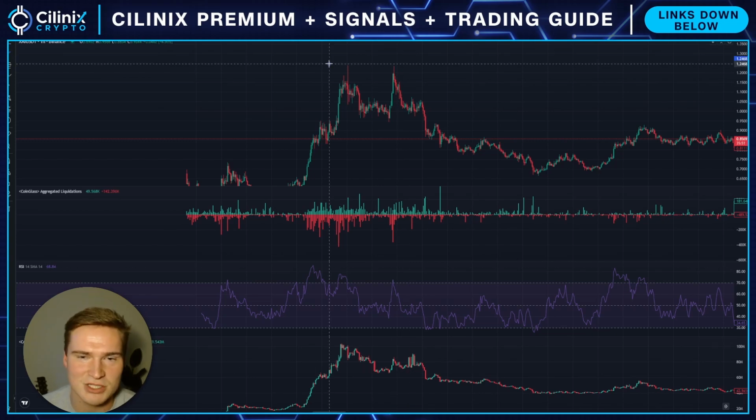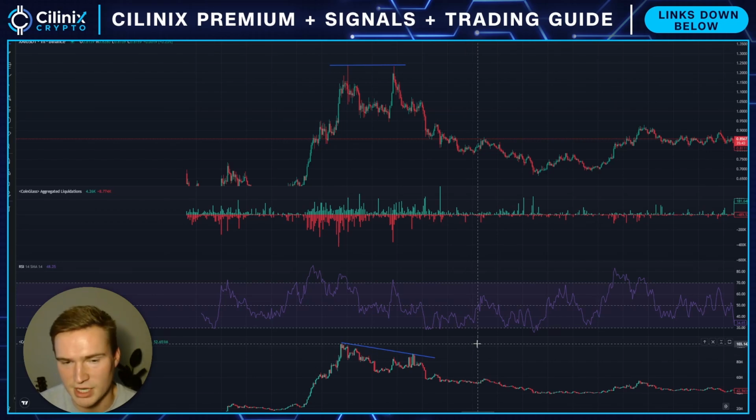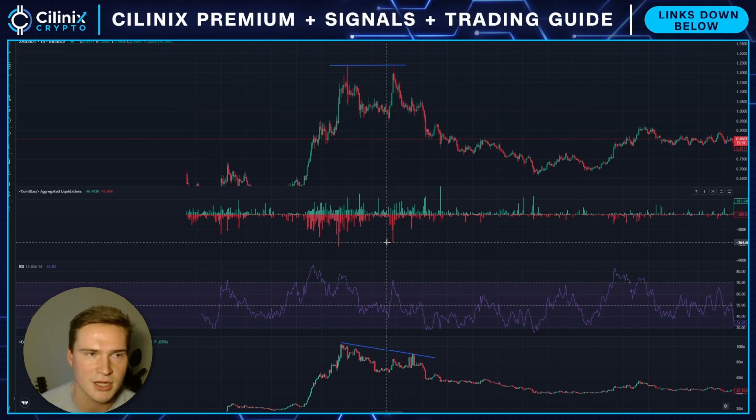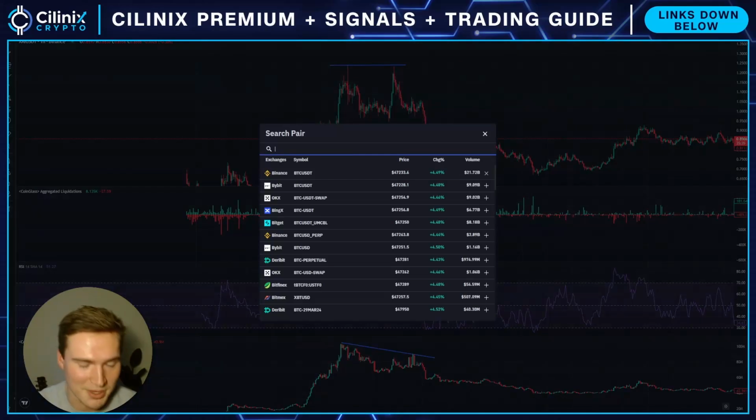And again, you can see some sort of a divergence, all right? Right here we make a double top while the open interest is dropping down. That's a bearish divergence, so then the likelihood of the price dropping down becomes higher, and again also supported by 2 big liquidation events.